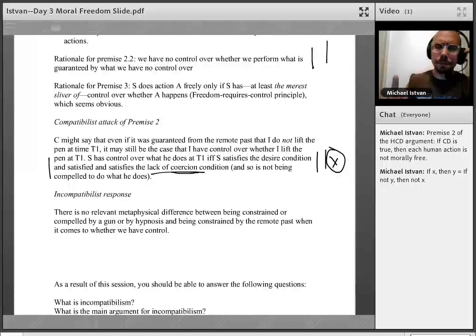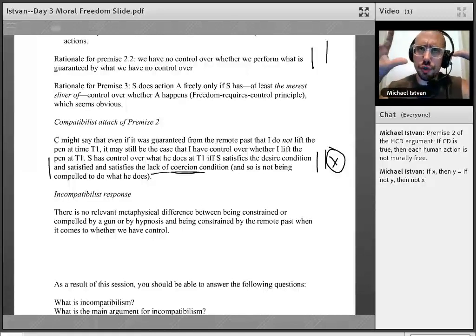Premise 1: If chronological determinism is true, then my actions are the result of a force, you can call it alien to me. What would be that alien force? The past before I was born. So I'm capturing the same idea. Look at it this way.